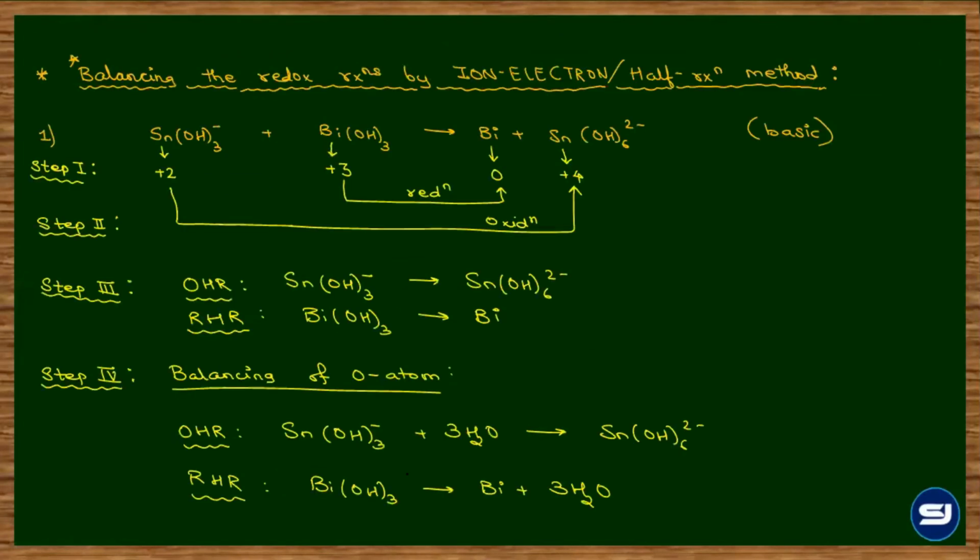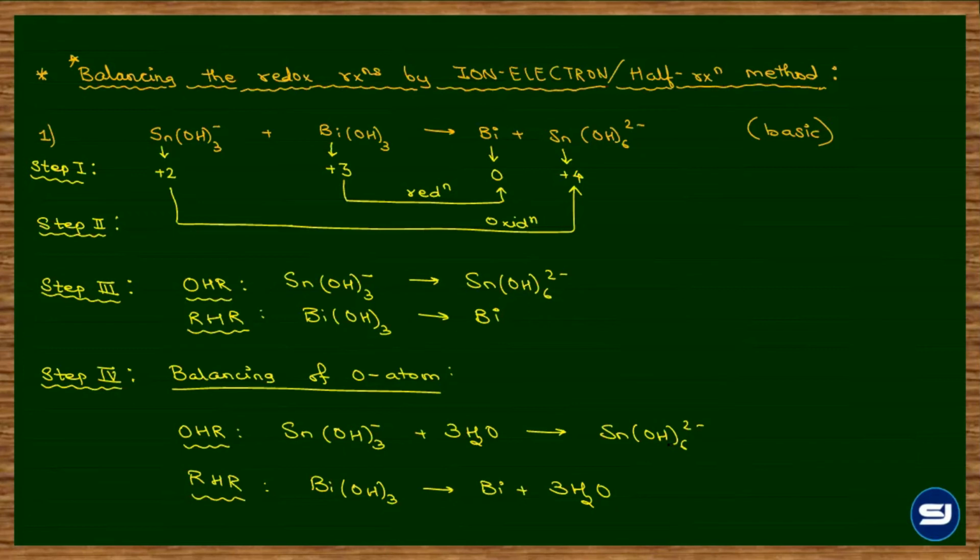Then step number 5. After balancing oxygen, we balance hydrogen. So this step 5 is balancing of hydrogen atoms via H plus ions. Let's go back and count the hydrogen. How many on the left for the oxidation half reaction? 9. 3 plus 6, 9. And on the right? 6.